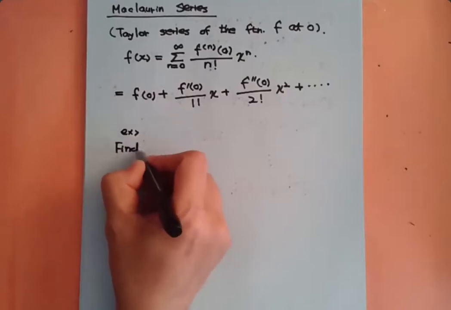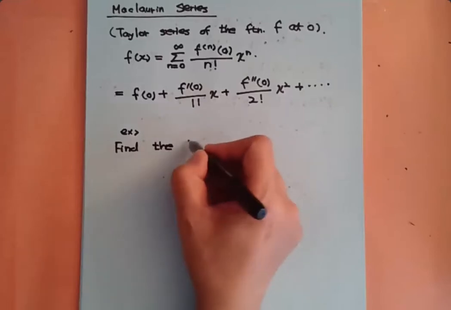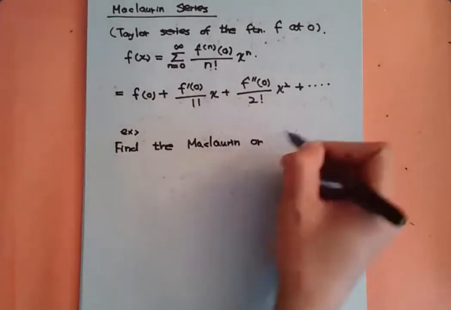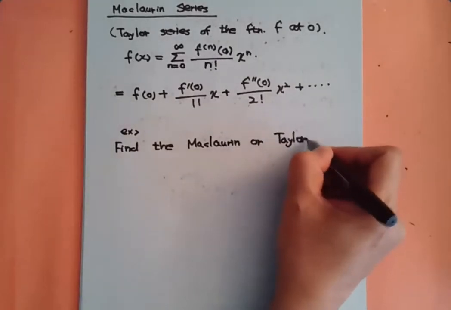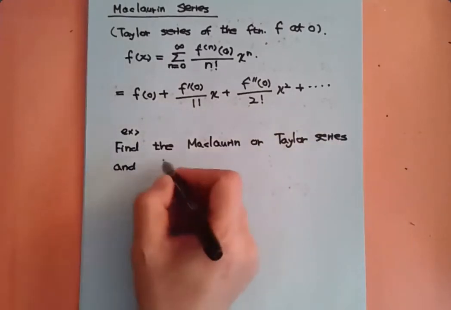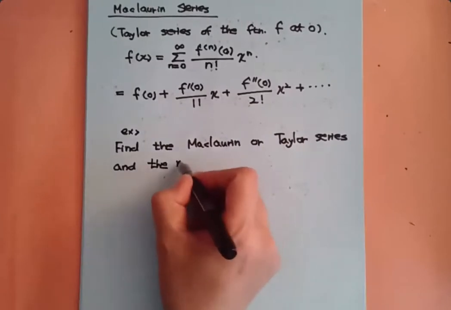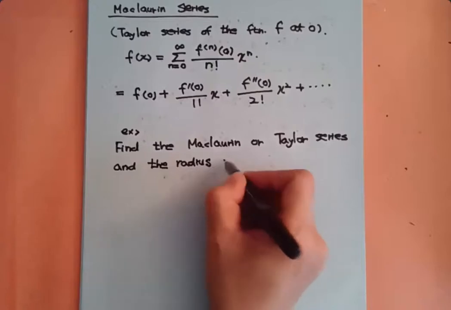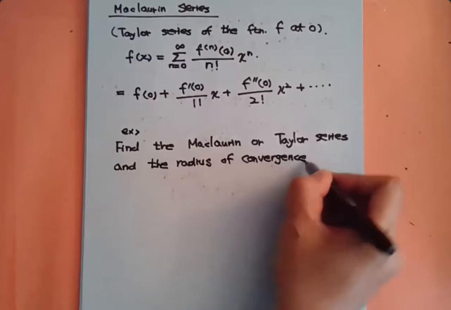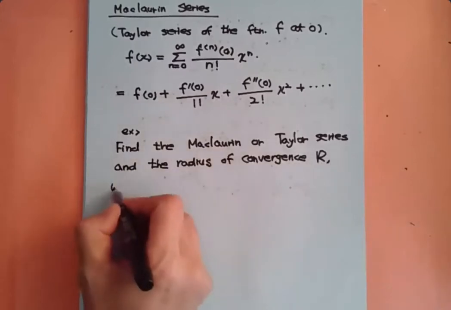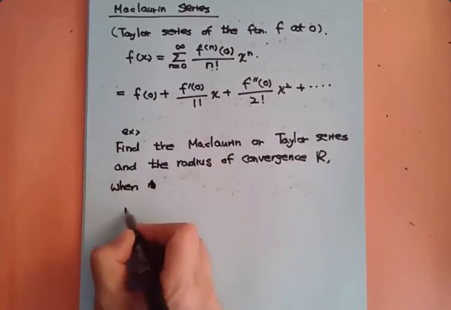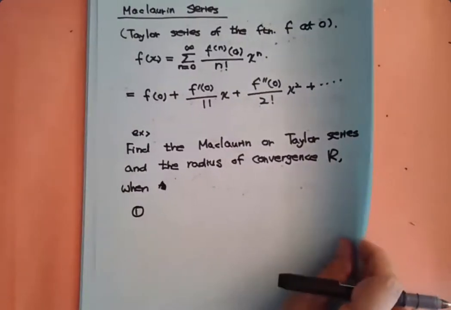So find the Maclaurin series or Taylor series and the radius of convergence R when the nth derivatives are given.